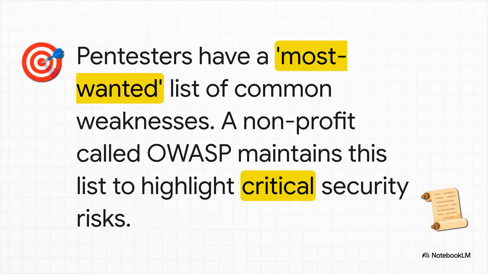Okay, so we've got the mission: confidentiality, integrity, availability. With that in mind, what are these pen testers actually looking for? Well, it turns out they have a kind of most wanted list, a list of common weaknesses that just pop up over and over again in web apps. And this list is put together by a really well-known nonprofit called OWASP.